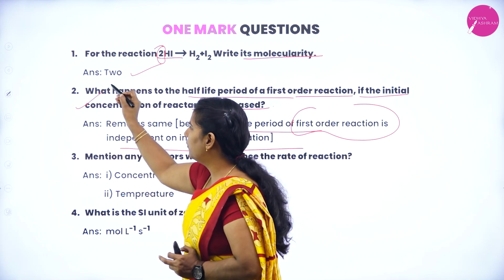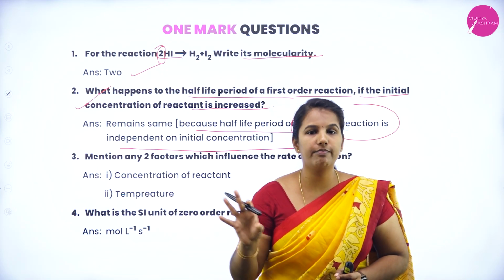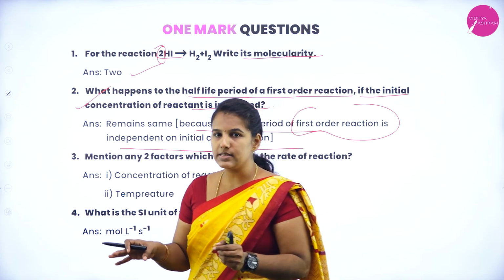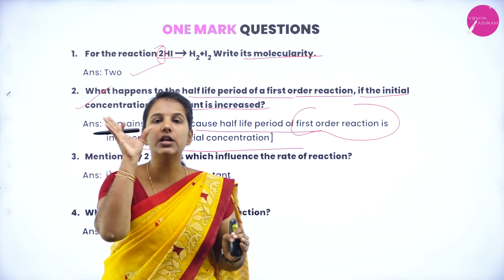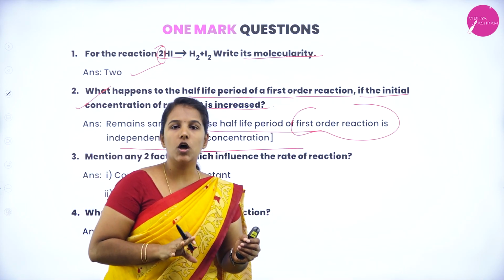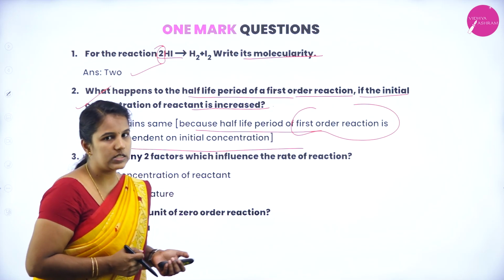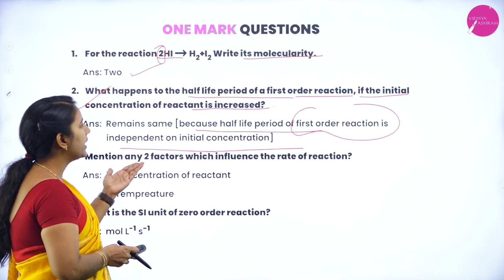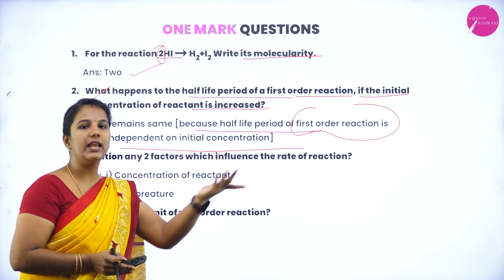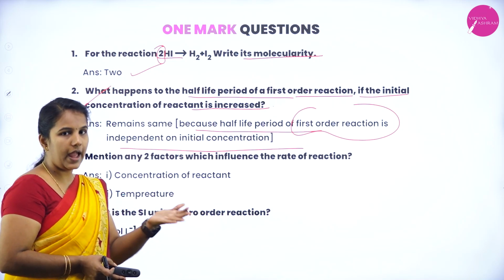You will learn this while deriving the half-life period for the first order, or they can ask you in the exam to show that the half-life is independent of the initial concentration of the reactant. So this indicates that the half-life of a first order reaction is independent of the concentration of the reactant.